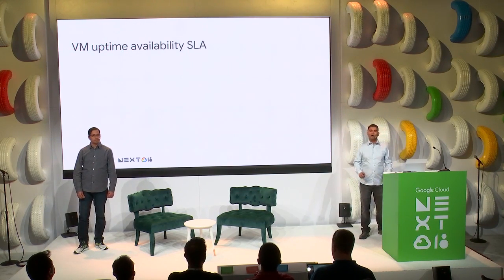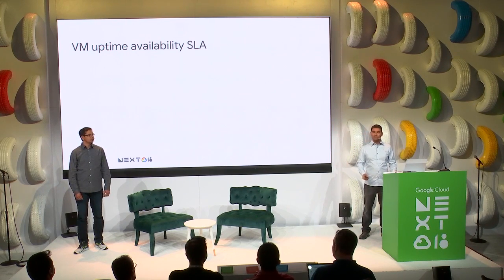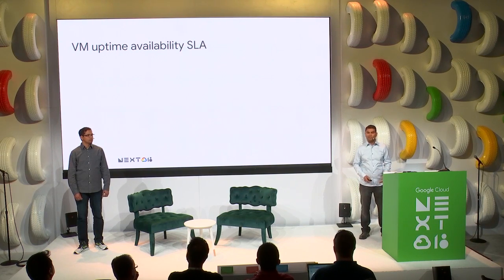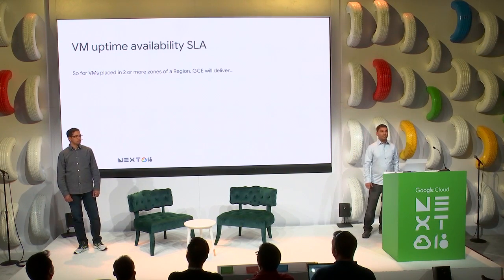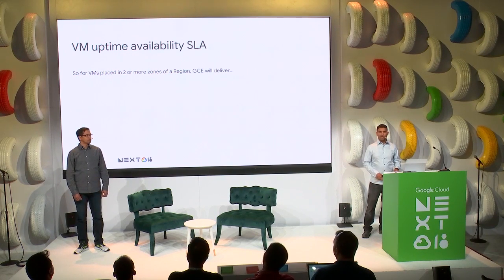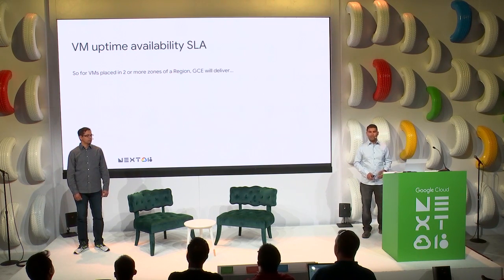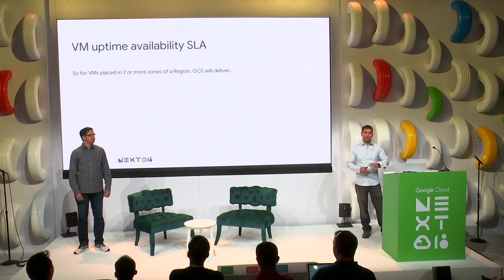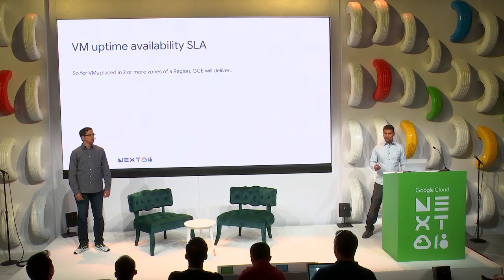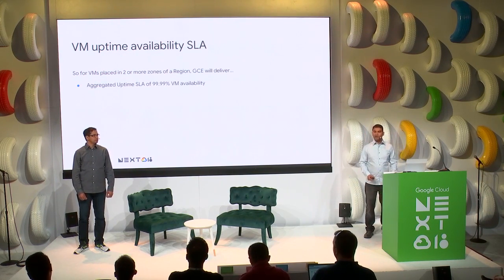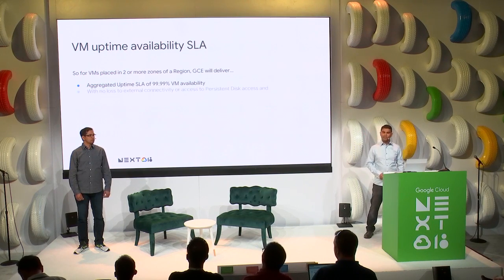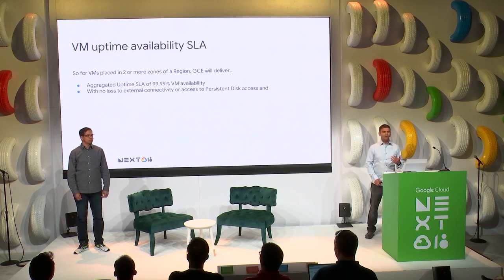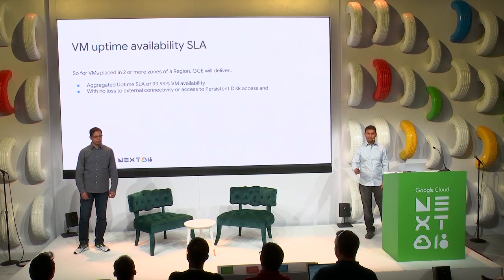We're so proud of the availability work we have done that we have a published SLA for VM uptime. For VMs that leverage multiple zones, for example VMs placed in 2 or more zones in a region, or split cross-region, one can expect an aggregate uptime availability of 4 nines, with no loss of external connectivity or access to persistent disk.